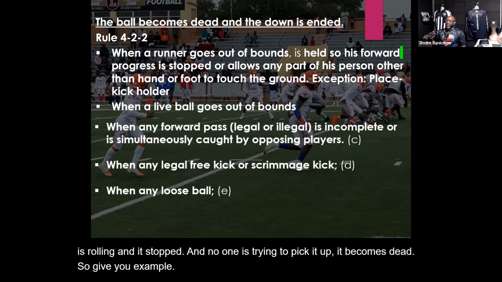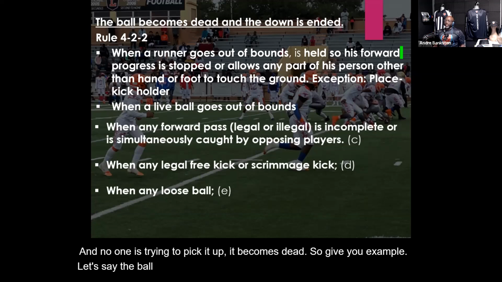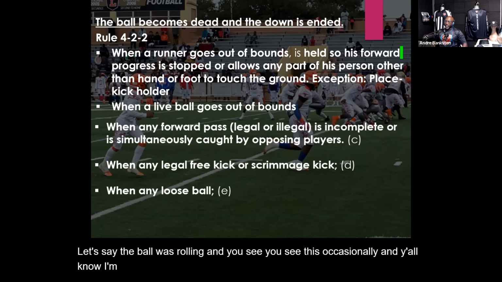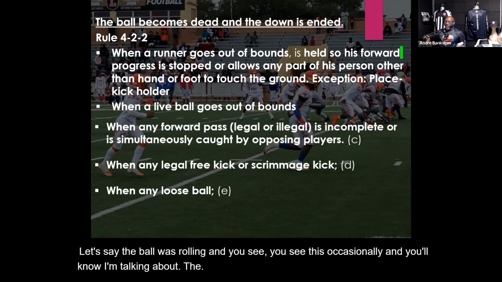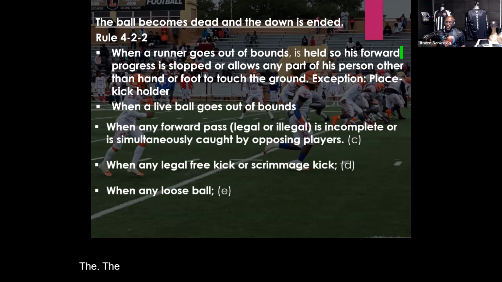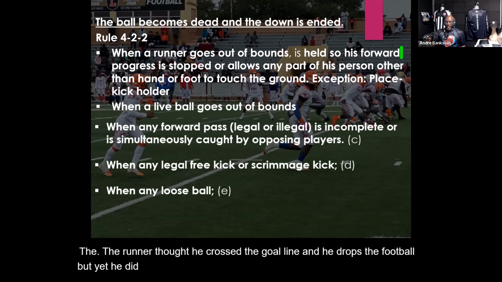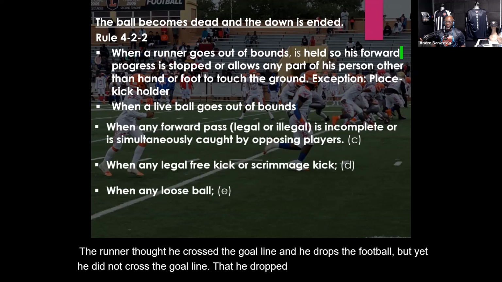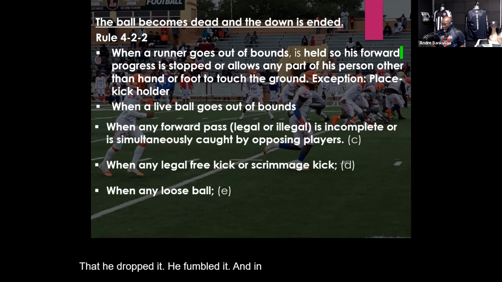Let's say the ball was rolling, and you see this occasionally, and y'all are gonna know what I'm talking about. The runner thought he crossed the goal line and he drops the football, but yet he did not cross the goal line. He fumbled it. And then the ball hits the 1 yard line, and then it rolls into the end zone.